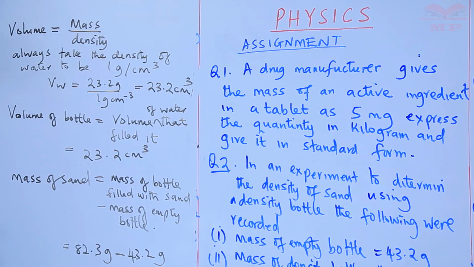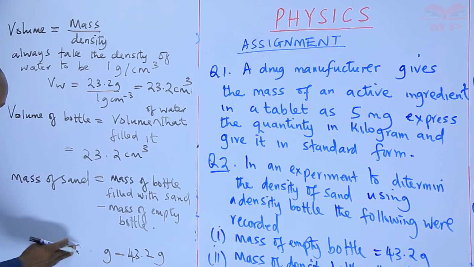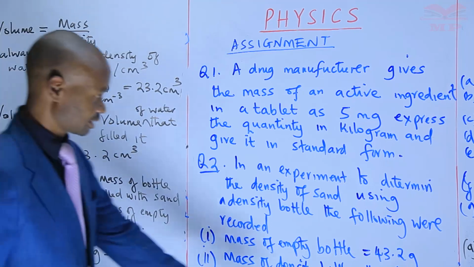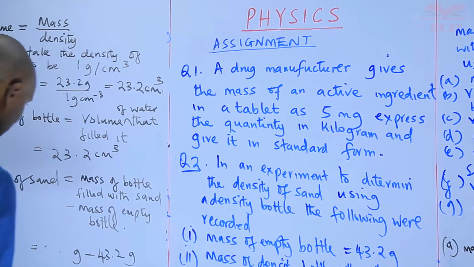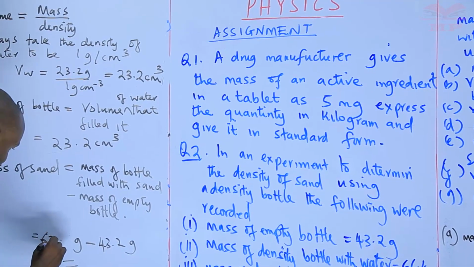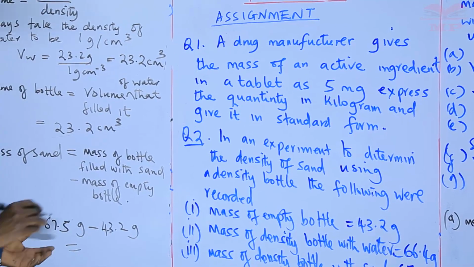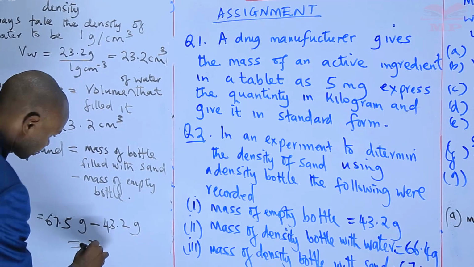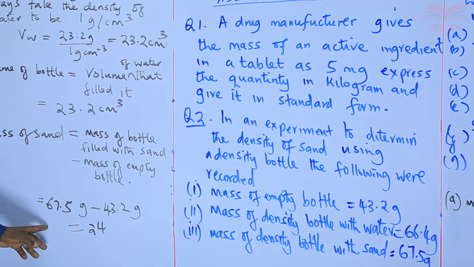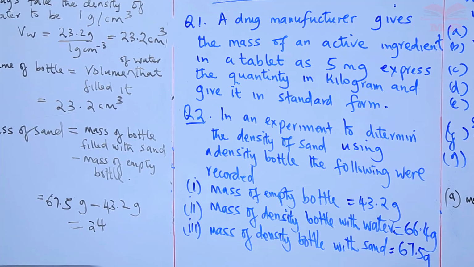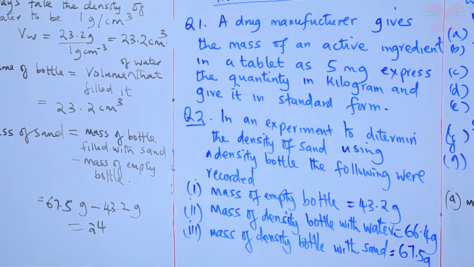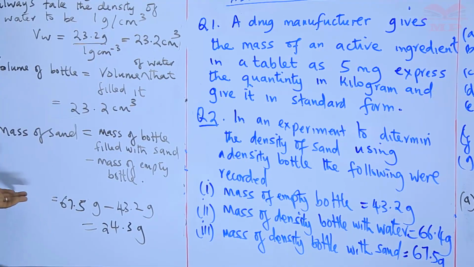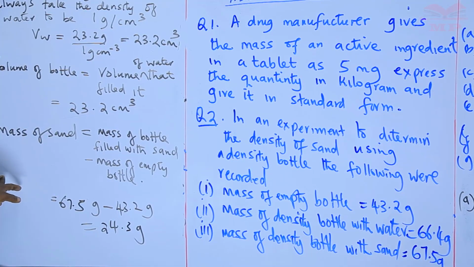When it is filled with sand, it is 67.5 grams, and the empty bottle is 43.2 grams. So when you subtract, you'll get 24.3 grams. That is the mass of the sand.